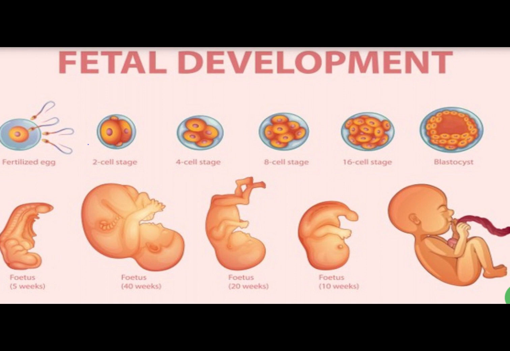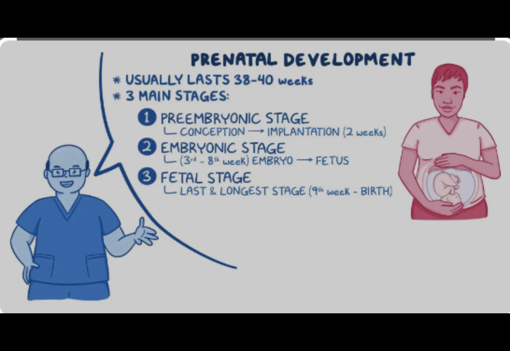Cell division continues at a rapid pace. Eventually, the zygote turns into a blastocyst. The blastocyst arrives at your uterus and plants into your uterine lining.